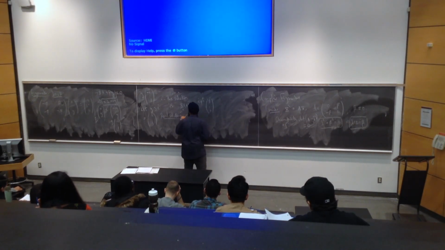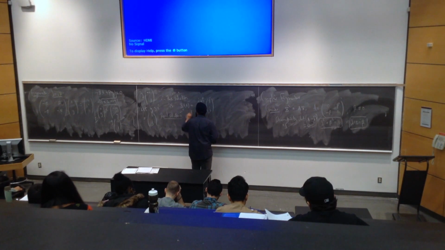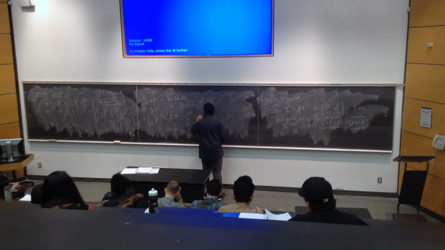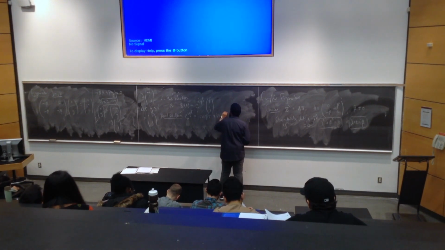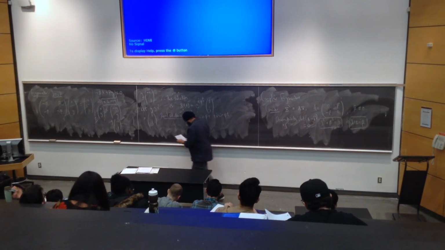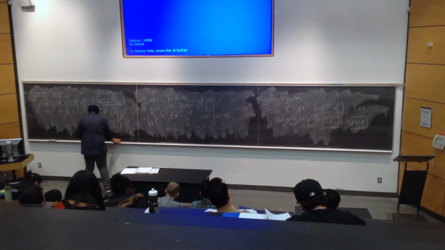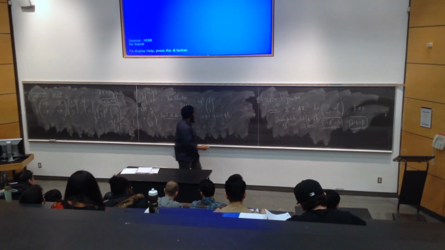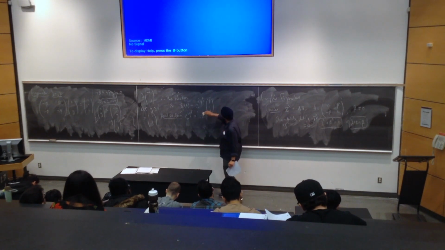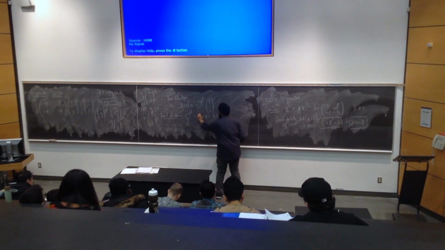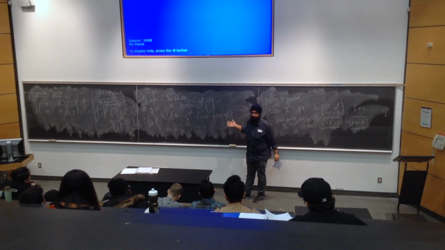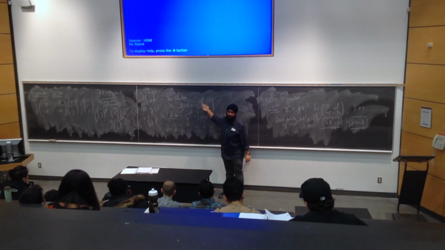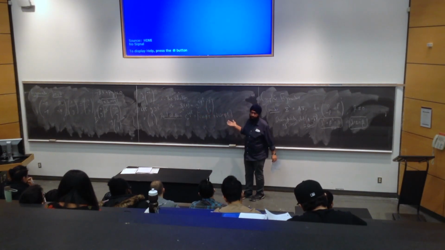Recall that e to the i beta t is equal to cosine beta t plus i sine beta t. Now, e to the i beta t is just this number, so let me multiply this column vector by this formula and see what we get.